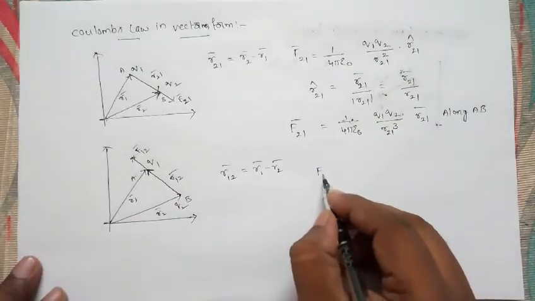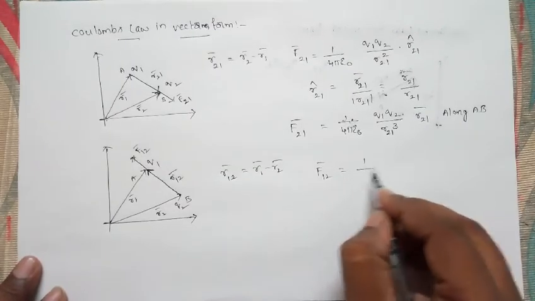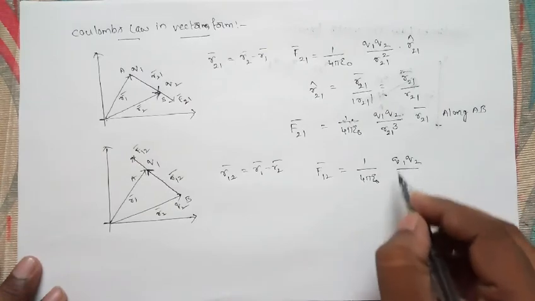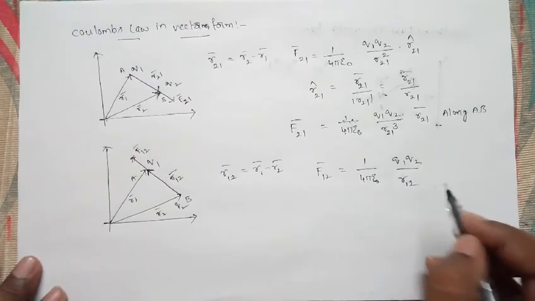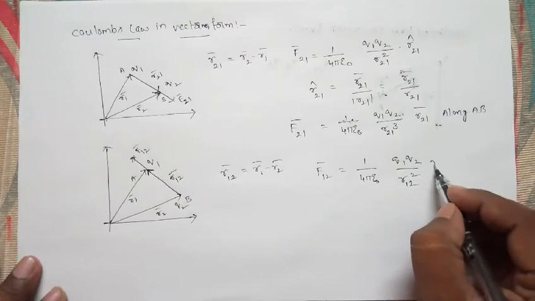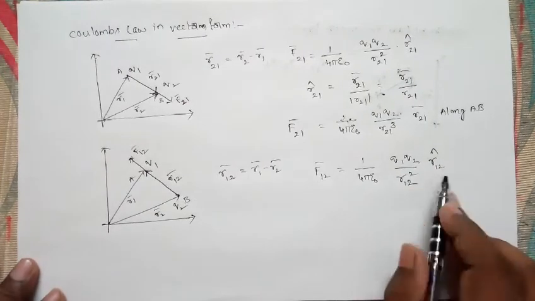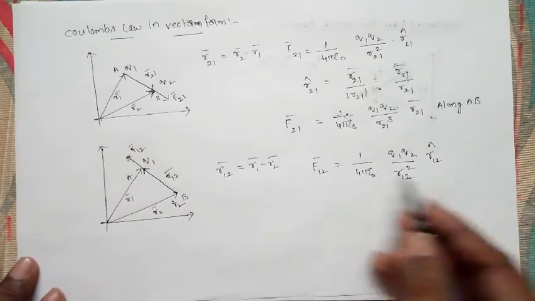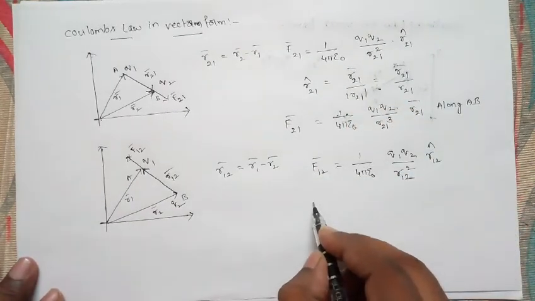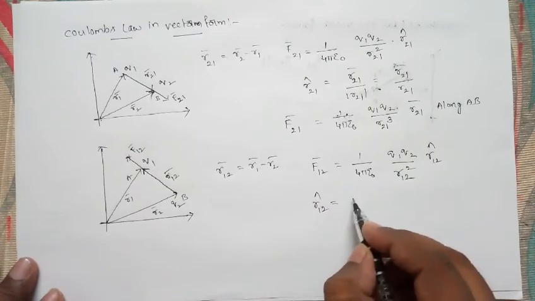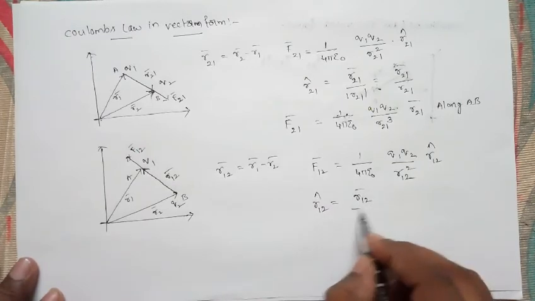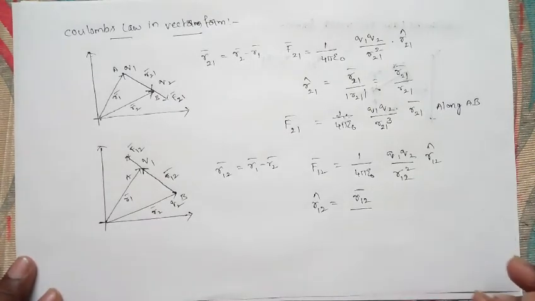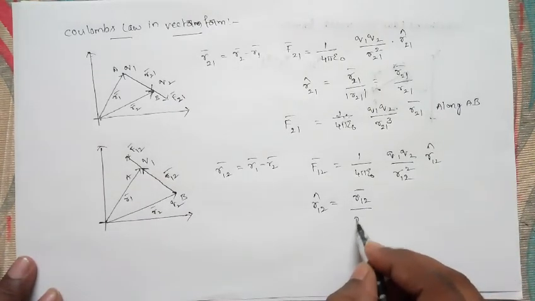Then F12 bar is nothing but 1 upon 4 pi epsilon naught into Q1 Q2 by R12 square into R12 cap. So this is a unit vector that represents the BA direction. Now same as before, you can also write R12 cap equal to R12 bar by its magnitude R12.